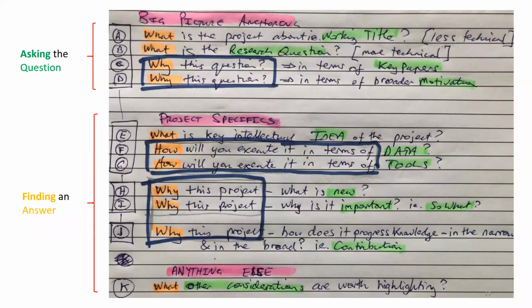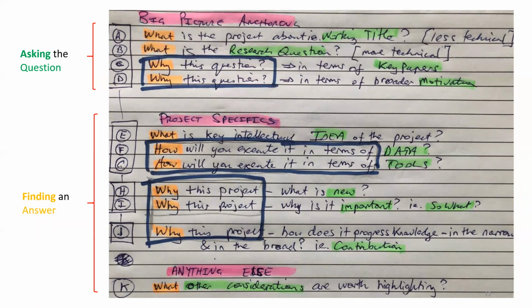So let's circle back to the big picture anchoring. And this involves the first four items, items A, B, C, and D. Now, highlighted in yellow is further information that's trying to help you understand what each of these items are and how they relate to each other.